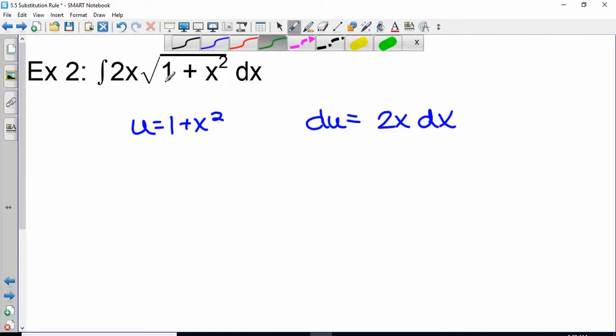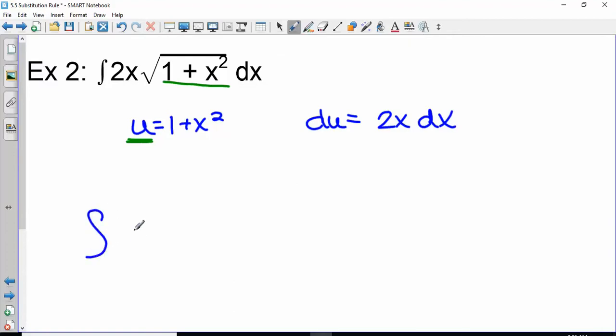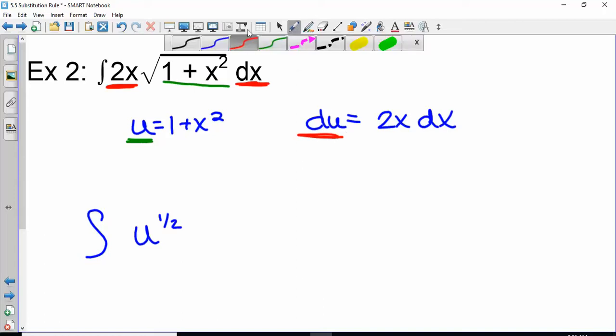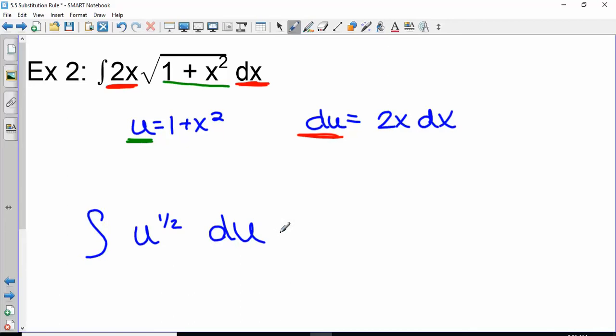So then when I'm looking at my problem, 1 plus x squared gets replaced with u. So that's the square root of u, or I might write that as u to the 1/2. And 2x dx is equal to what? du. So all of that other stuff can go away and just give us a du.